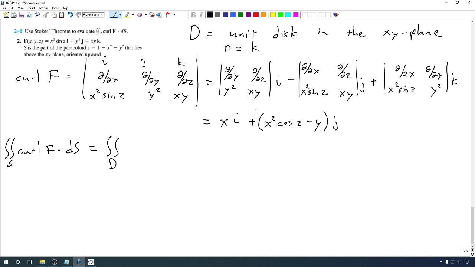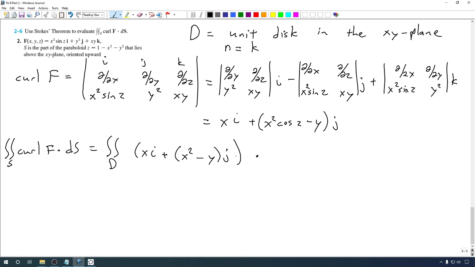That means we are going to take this vector here. Technically, the z we'd have to replace with, well, actually z is going to be replaced by 0, because in the unit disk we have z equals 0. So we'll have x squared times cosine of 0, which is 1, minus y times j.